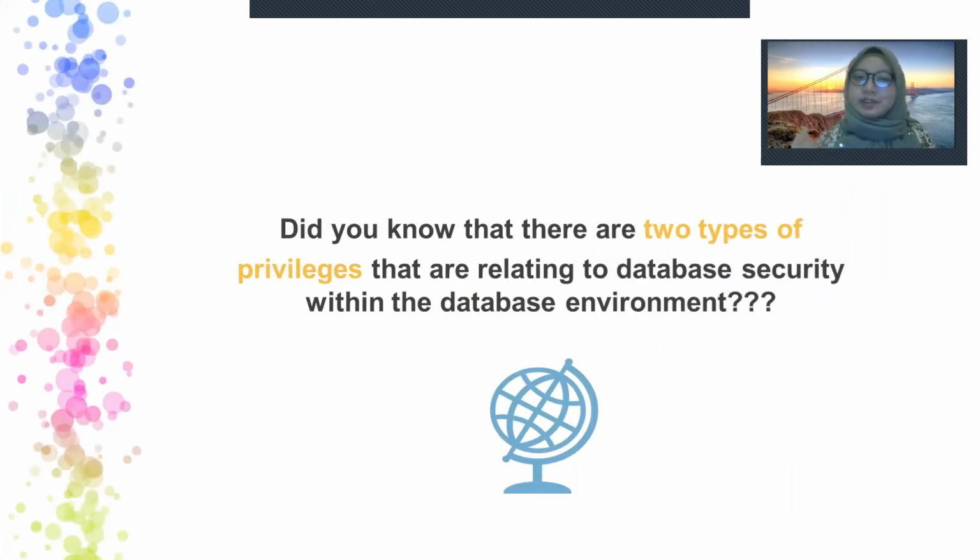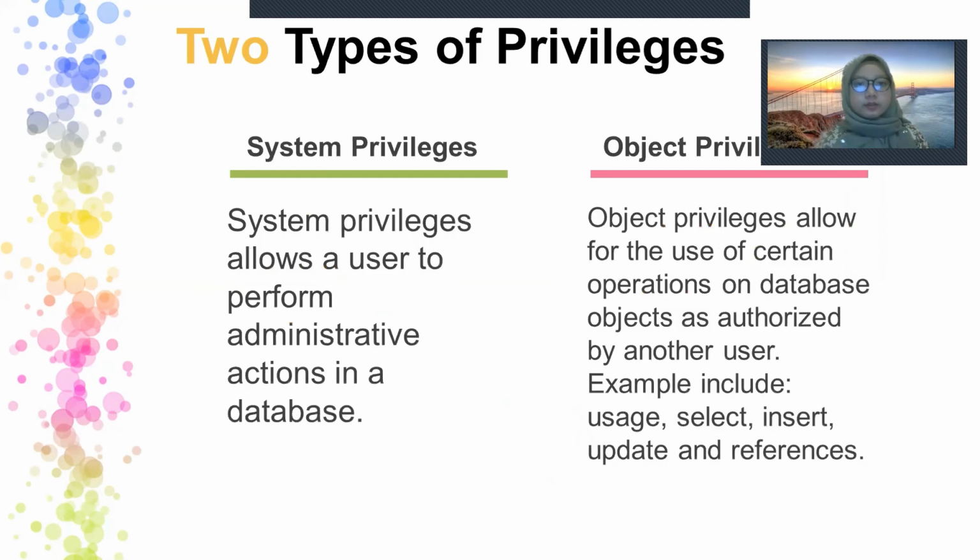Did you know that there are two types of privileges relating to database security within the database environment? Firstly, system privileges. It means that it allows a user to perform administrative actions in a database.